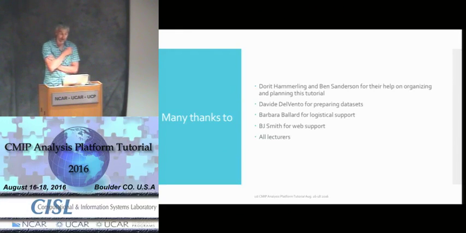I'd like to highlight Dorrit, who's right here in the front, and she's been instrumental in organizing the statistical methods session tomorrow. Ben Sanderson was also really helpful in getting this tutorial organized and planned. And Davide Del Vento, who will be talking this afternoon, has been helping get data sets ready for all the labs that you are going to be having.